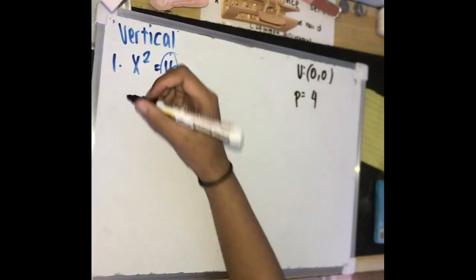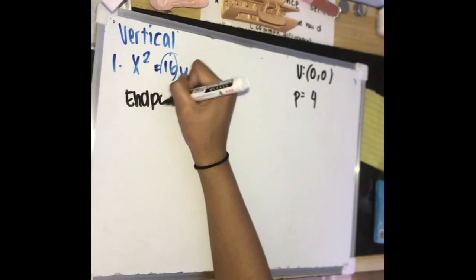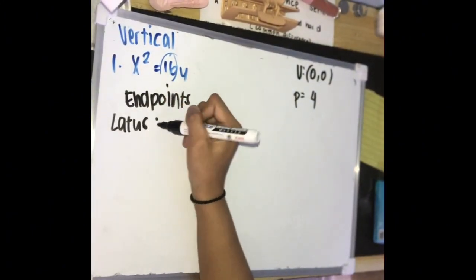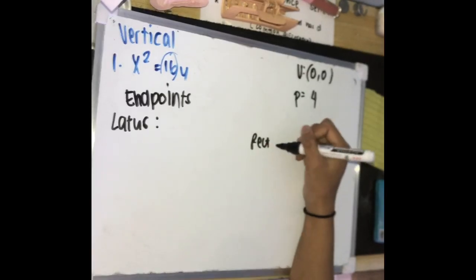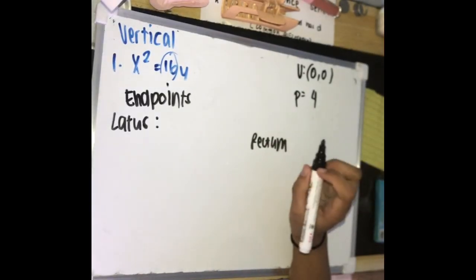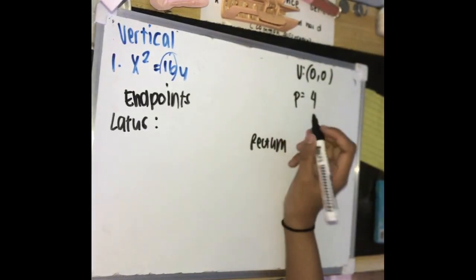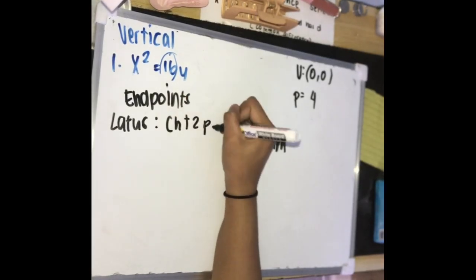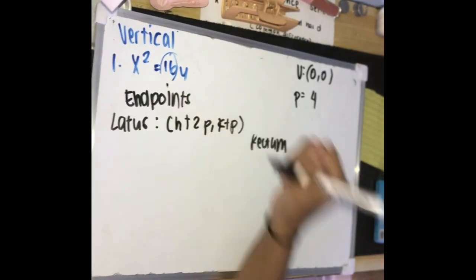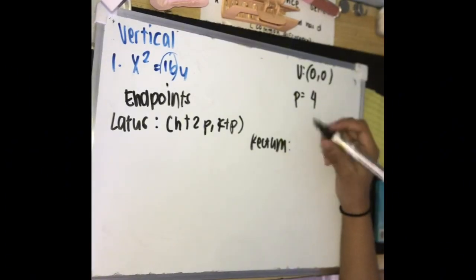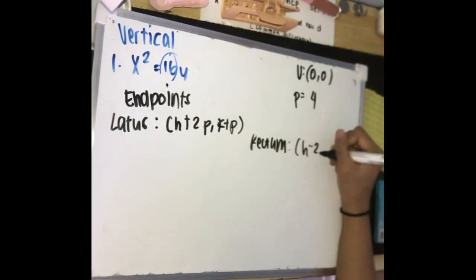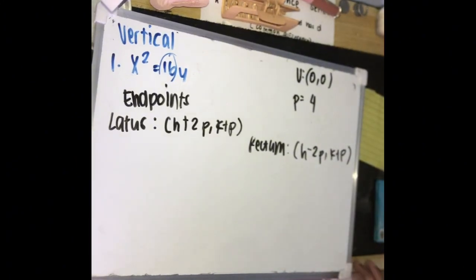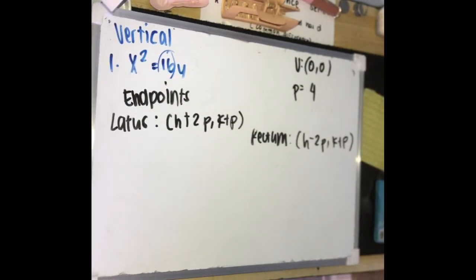So, let's find the endpoints of the latus rectum. So, this would be the latus, and here would be the rectum. So, our formula would be h plus 2p and k plus p. And our formula in the rectum would be h minus 2p and k plus p. So, let's write down, i-solve natin.